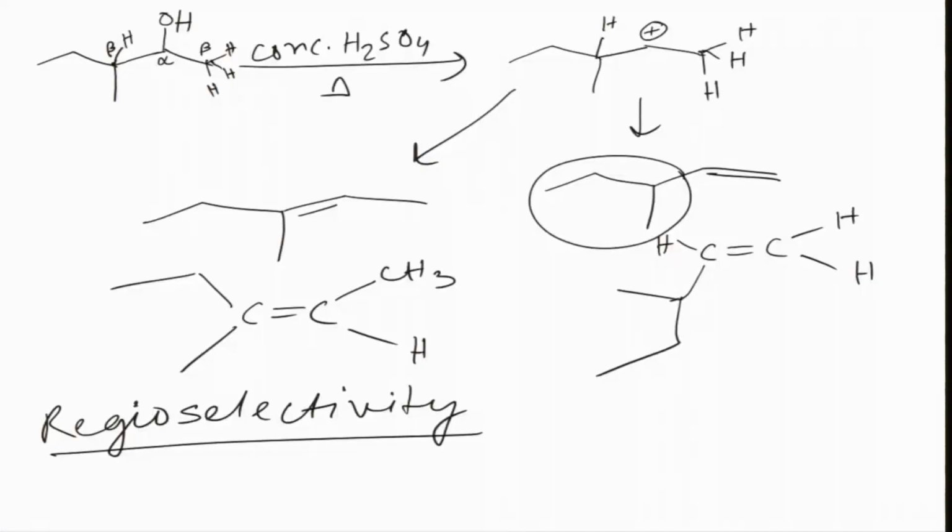Okay. In this case, in one case the double bond was being formed between these 2 carbons and in another case the bond is between these 2 carbons. Okay. So, the region of the double bond formation has changed. So, here rises a term that is regioselectivity.